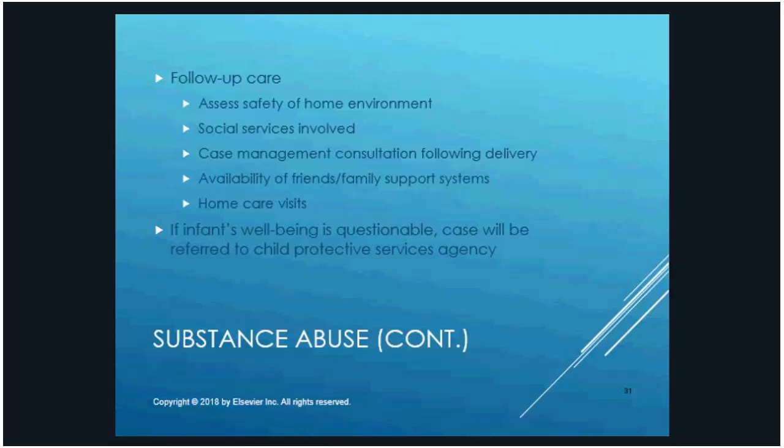If the infant's well-being is questioned or questionable, a case will be referred to Child Protective Services agencies. So most of the time, care management or case management knows, or Child Protective Services knows, that there's a patient that's pregnant that is close to delivering. They will send a letter with their name and how many weeks they are and the possibility of them coming into the local hospitals for an alert to be called if that patient shows up at the hospital.